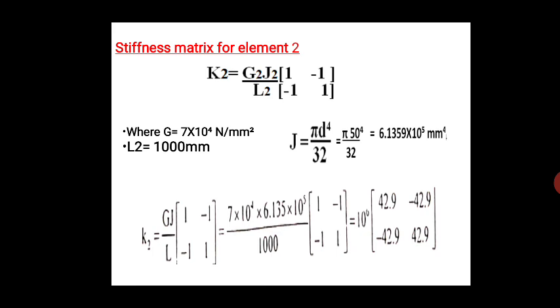In this equation, we will retain the power, 10 raised to 6, outside, and only the numerical values inside the bracket, that is 42.9, minus 42.9, minus 42.9, 42.9. This is the element stiffness matrix for the second element.